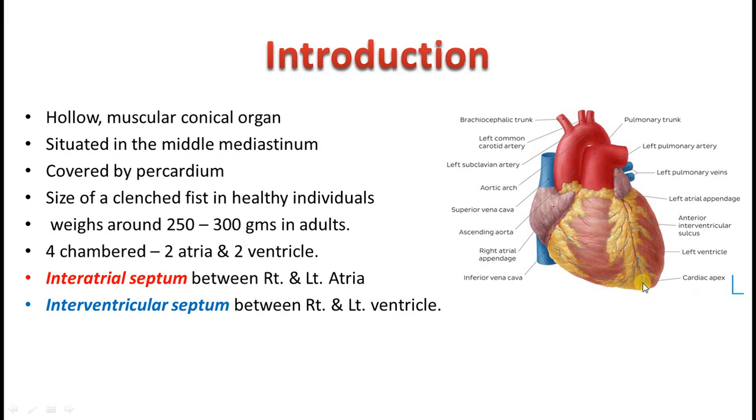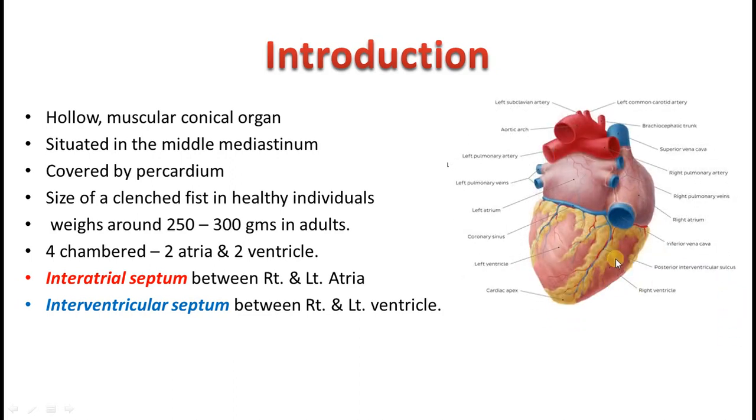The anterior part of the interventricular groove you can see. Posteriorly also you can see the posterior part of the interventricular groove, and posteriorly the interatrial septum is represented by a faint groove, the interatrial groove or sulcus.